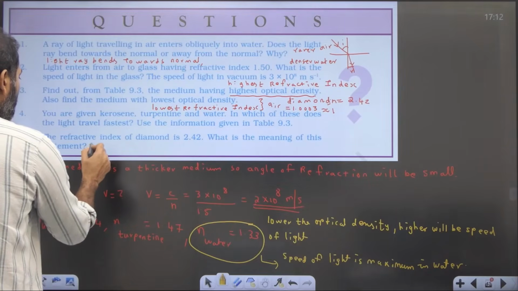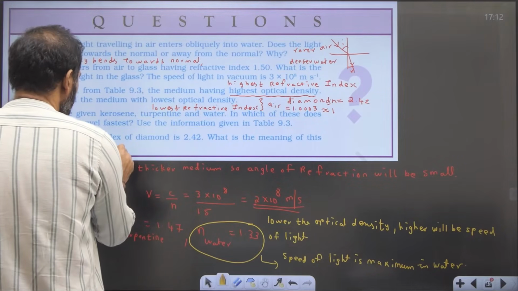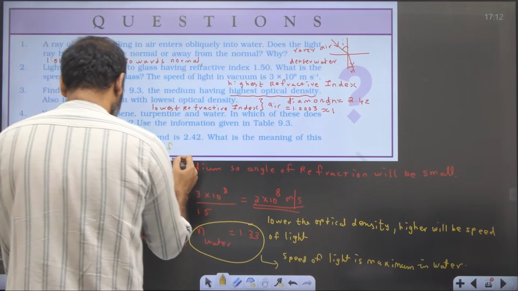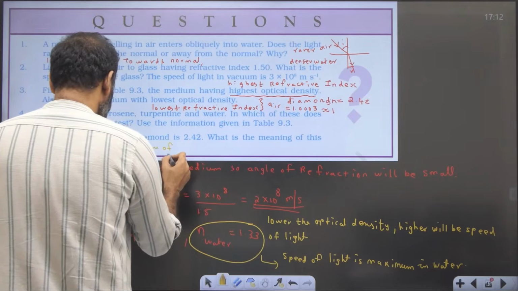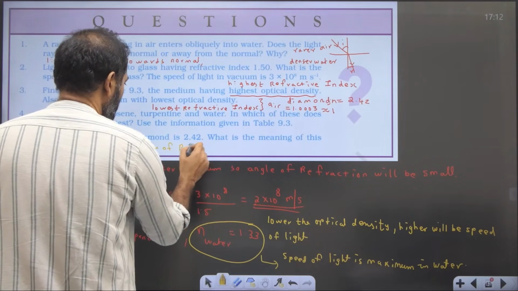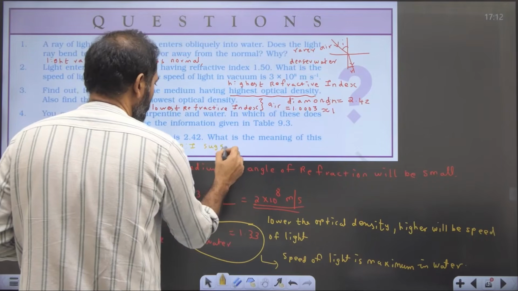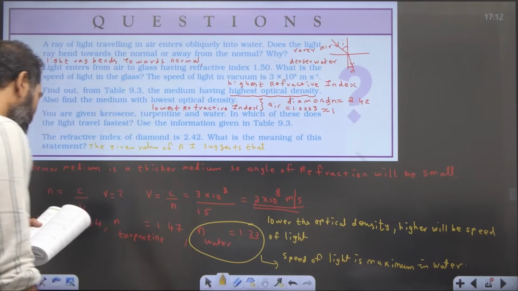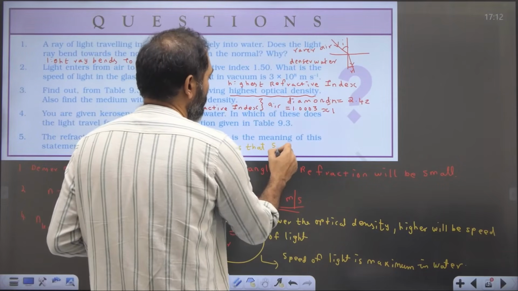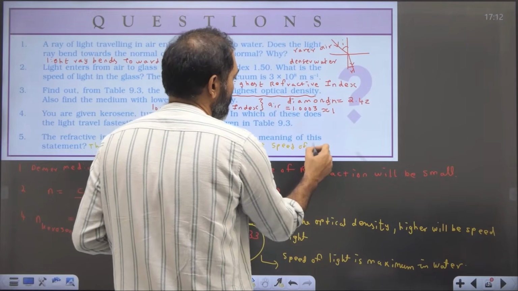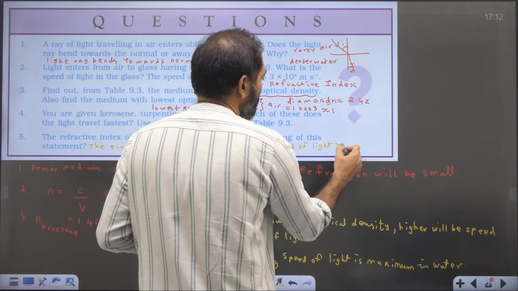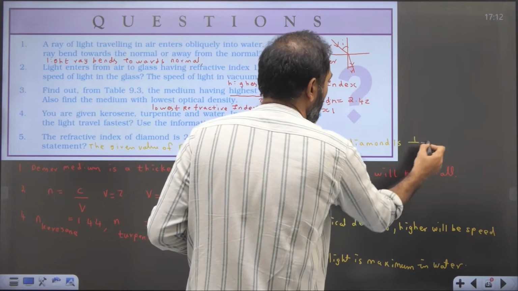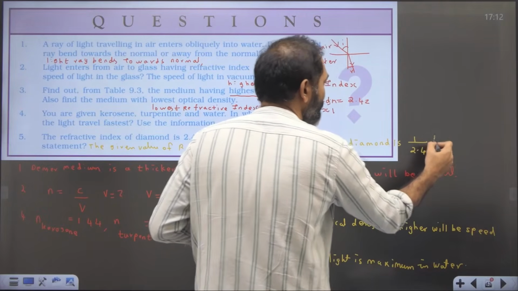The given value of refractive index suggests that speed of light in diamond is 1 by 2.42 times speed of light.